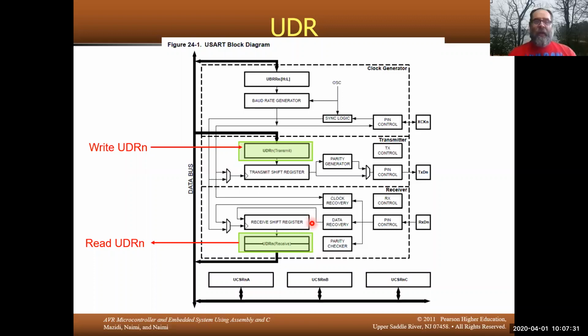And then when a full 8 bits, if we're doing 8 bits, is received, it automatically gets loaded into this receive data register, where I can then read it by saying either X equals UDR 0, or in the case of assembly, in UDR 0.